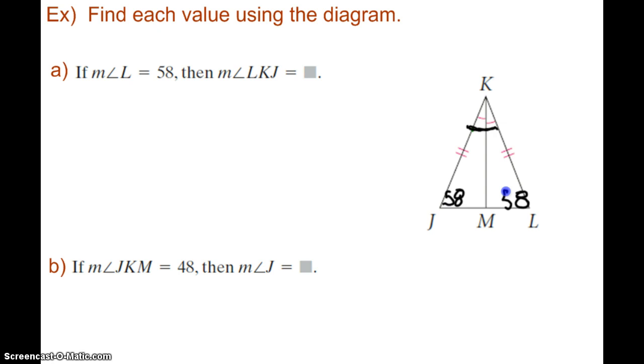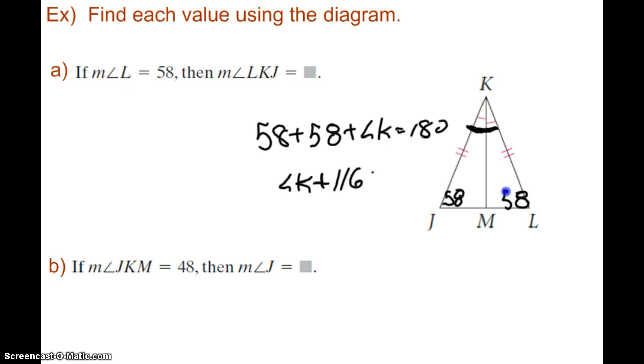So if we want to find the big angle, LKJ, we can simply do this. 58 plus 58 plus angle K is equal to 180. Angle K plus 116 is 180. And we subtract, you get 64. So LKJ would be 64.